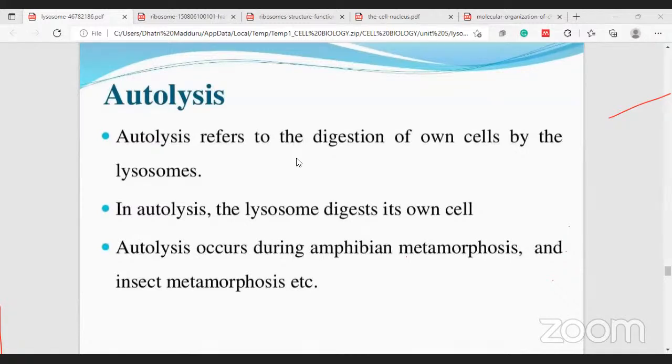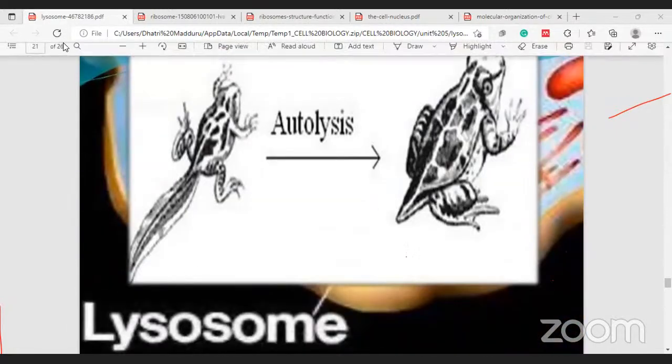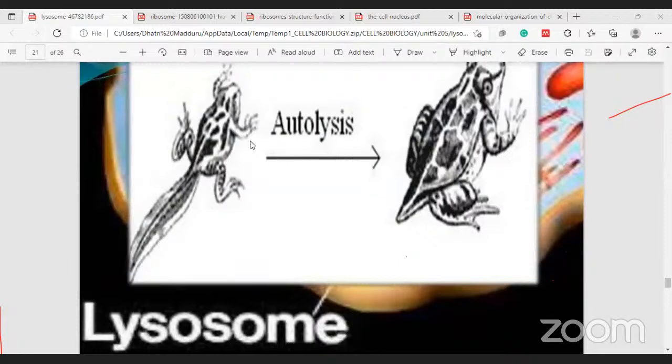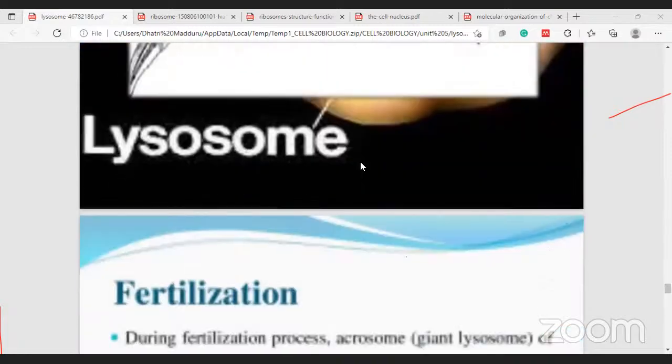The cells have to change from one form to another, or from caterpillar to butterfly. That change in structure has to be initiated by autolysis. It will lyse some cells to get the structure. Here you can see tadpole to frog, as I told you. The structure is completely different, so to get a shape, these lysosomes help in autolysis.